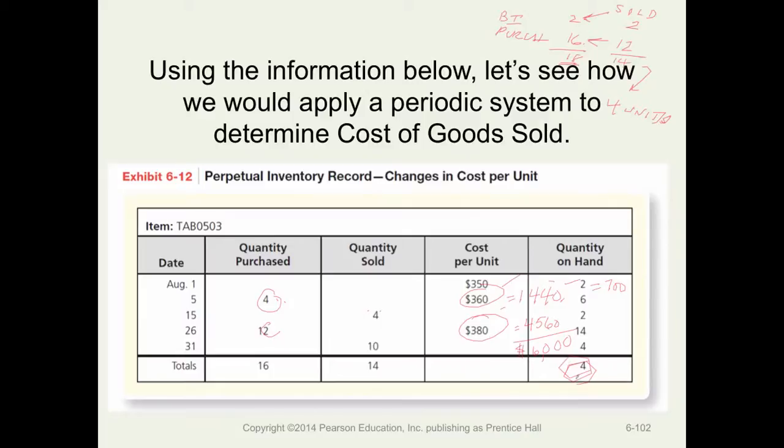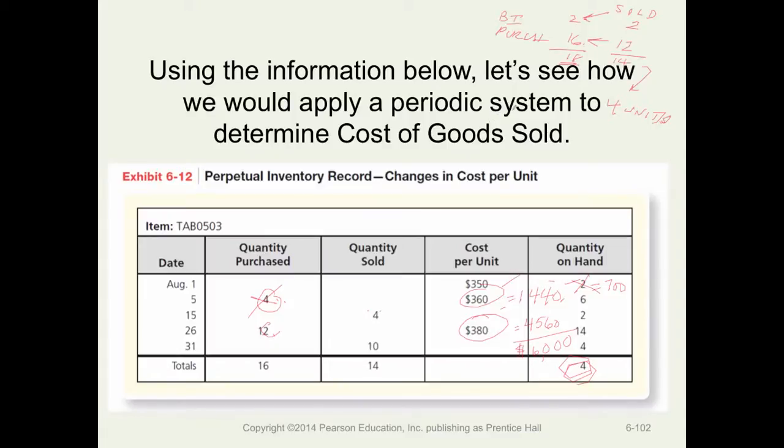Now, where do those units come from? Well, under the FIFO assumption, the beginning inventory was sold. All of this purchase was sold. And that's already 6 units. And that means that, again, we sold 14 units in total.